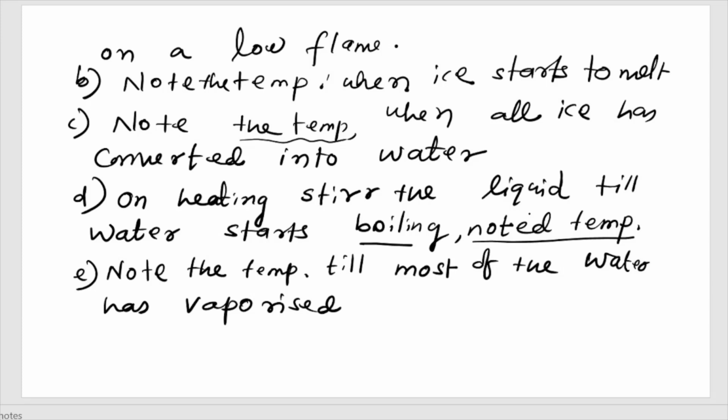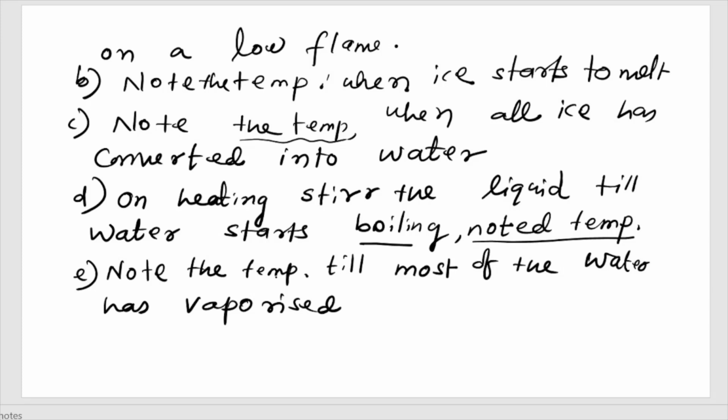Similarly, on heating the liquid, when the water starts to boil, note the temperature. When all the water or liquid has vaporized, note the second temperature. That means you will note a maximum of 4 temperatures to understand the effect of temperature on the states of matter.